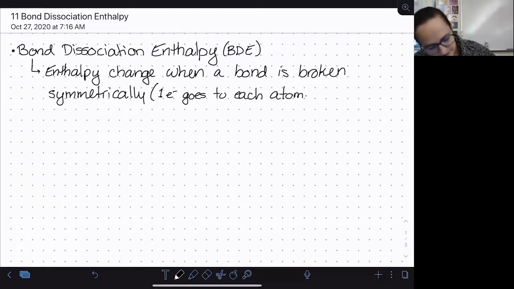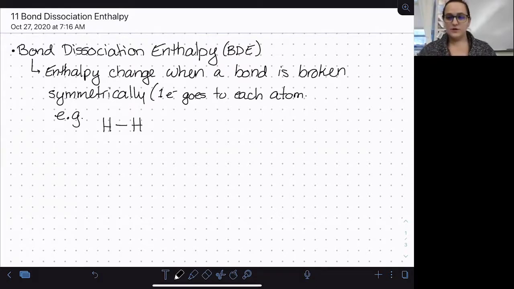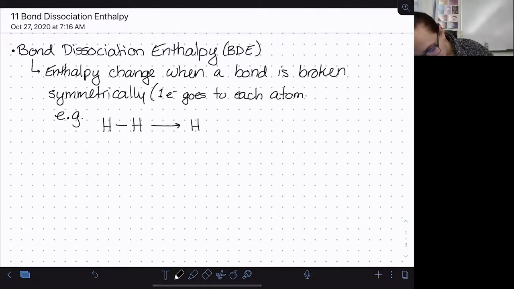So the simplest example would be if we think about a molecule of H2. There are two electrons in that molecule. They're shared between the two hydrogen atoms. When this bond breaks symmetrically, one electron goes to each of the two atoms.